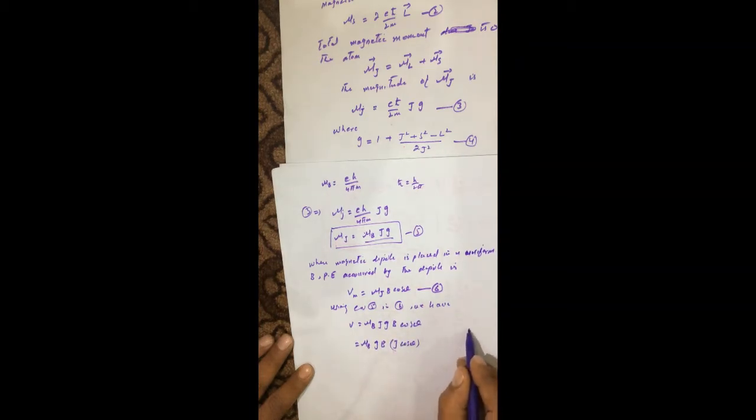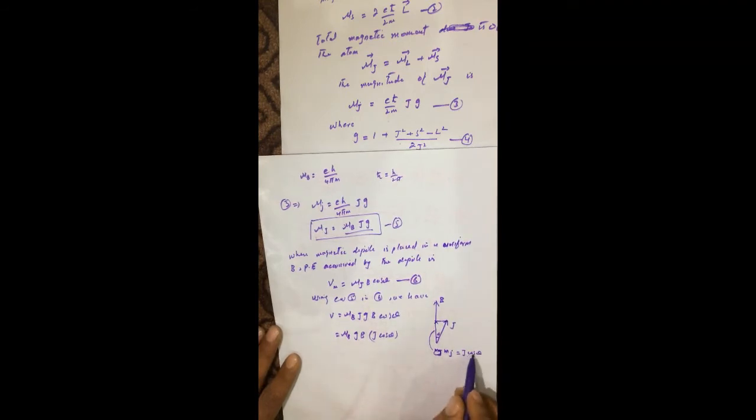What is J? J is the total angular momentum. Now the component of J in the direction of the magnetic field, I call it Mj, is equal to J cos of theta.